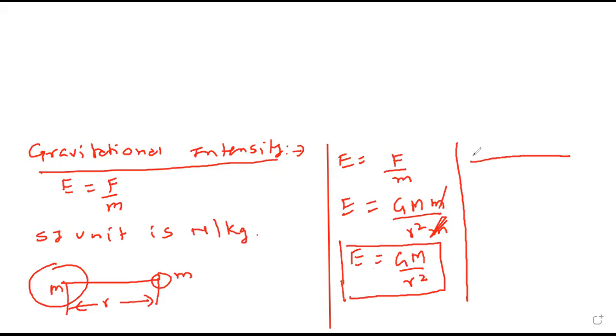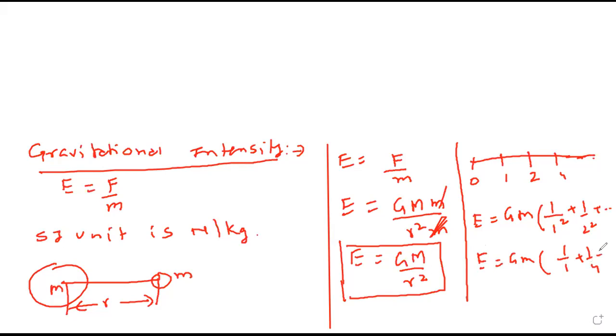But if there are n masses situated at the origin and at distances of 1, 2, 4 and so on, then the net gravitational intensity will be G and M constant, 1 upon 1 square plus 1 upon 2 square, and so on. So E is GM, 1 upon 1 plus 1 upon 4 plus 1 upon 16, and so on. So this is a GP with n terms where the ratio is less than 1.